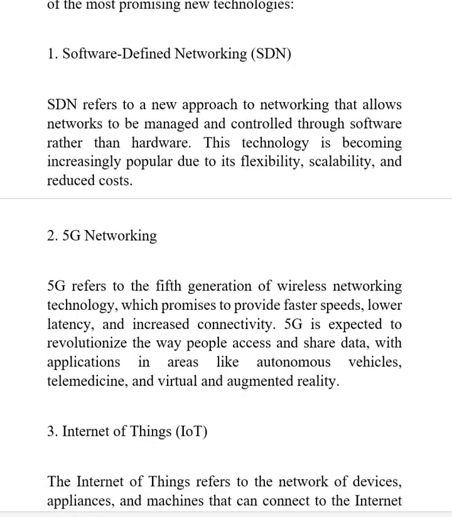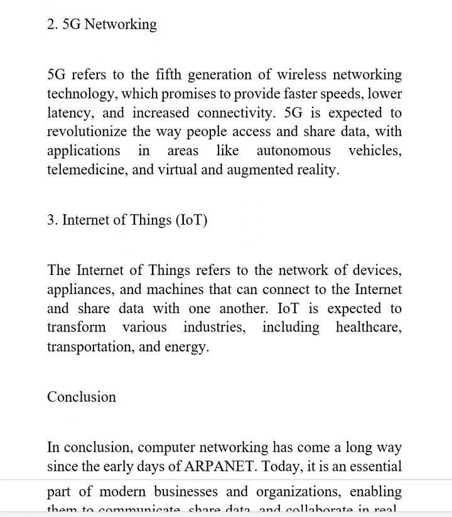2. 5G networking. 5G refers to the fifth generation of wireless networking technology, which promises to provide faster speeds, lower latency, and increased connectivity. 5G is expected to revolutionize the way people access and share data, with applications in areas like autonomous vehicles, telemedicine, and virtual and augmented reality. 3.